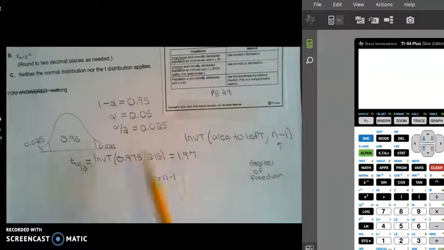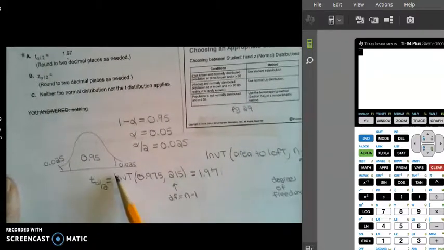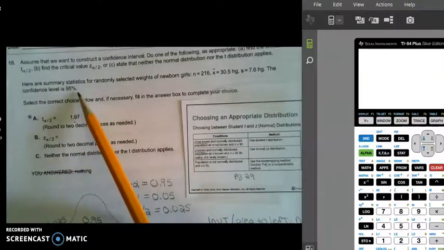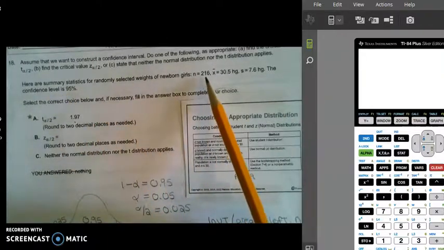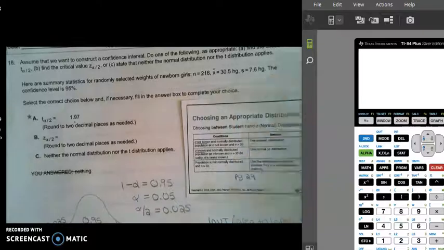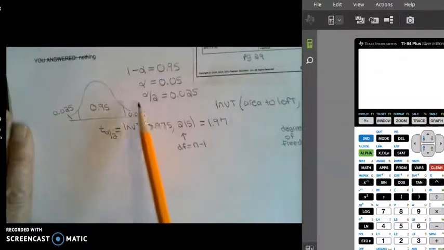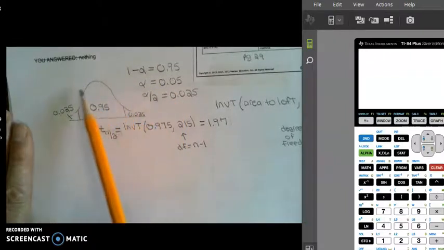The information we need is the confidence level, which was 95%, and the sample size. This is where we found our confidence level. This is how we find our critical value.